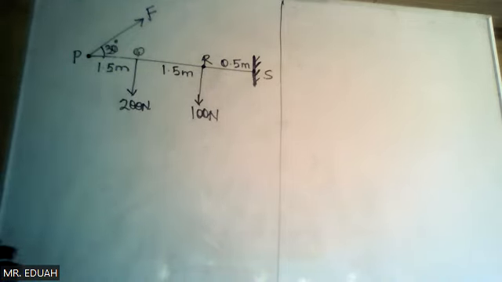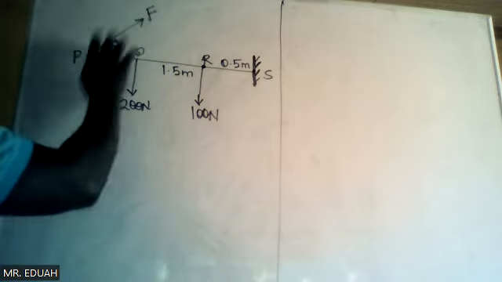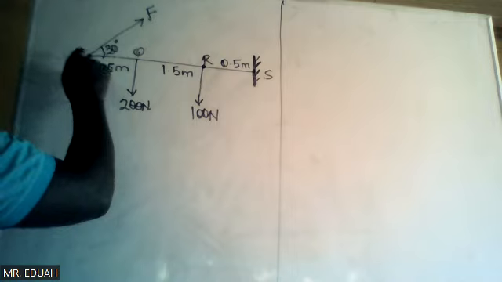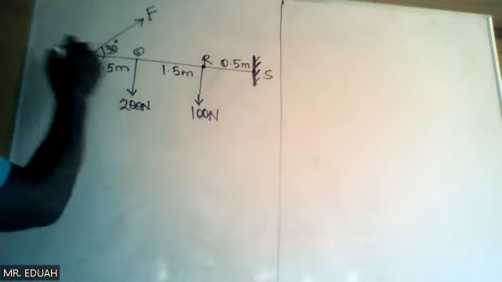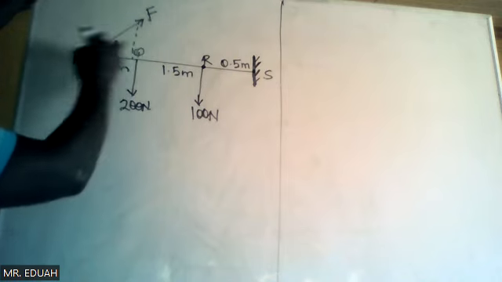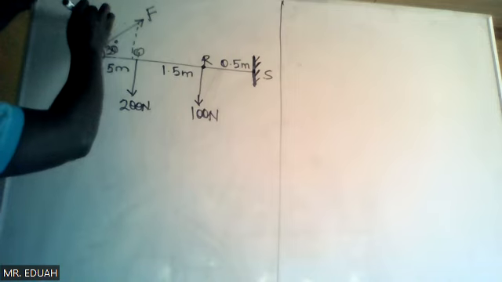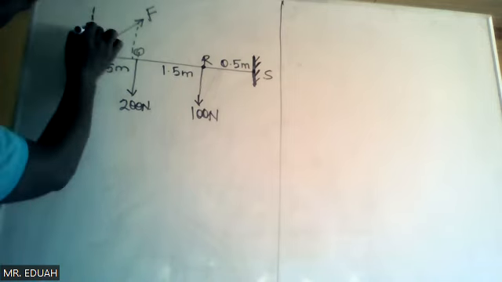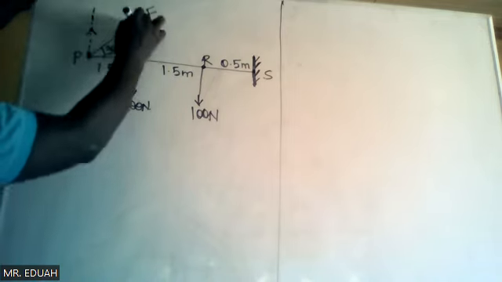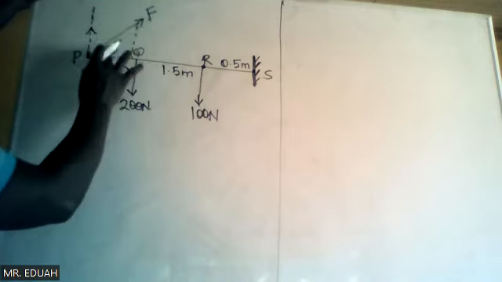So we need to resolve this force to get a component of it which will be perpendicular to the bar PS. When we resolve this, we'll have this component which will be the same as what we have here because of equal vectors. So this component will obviously be F sine 30.